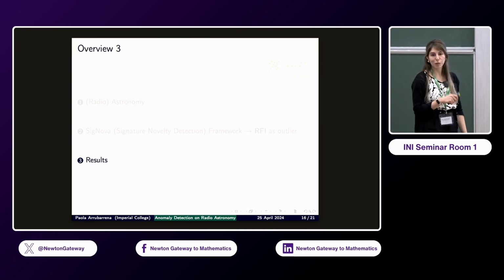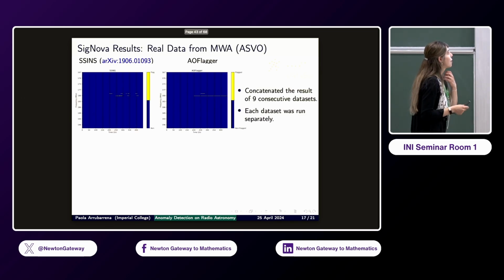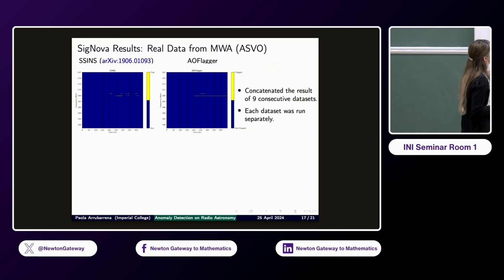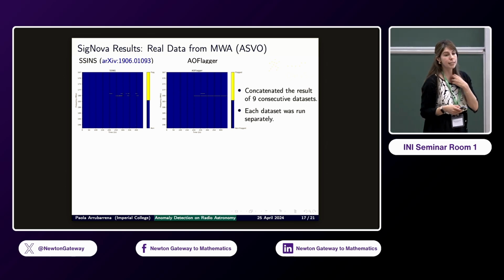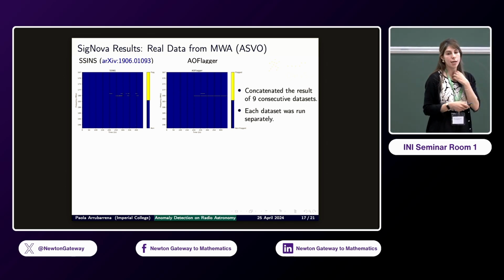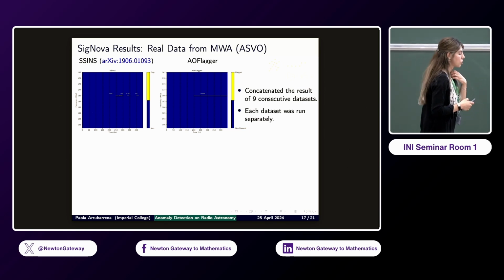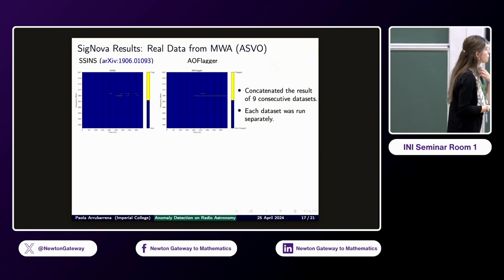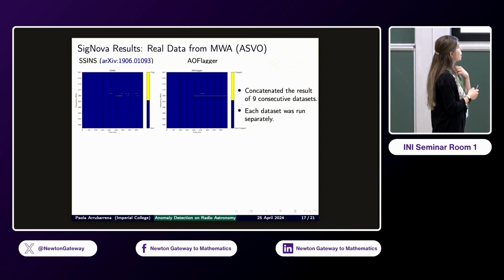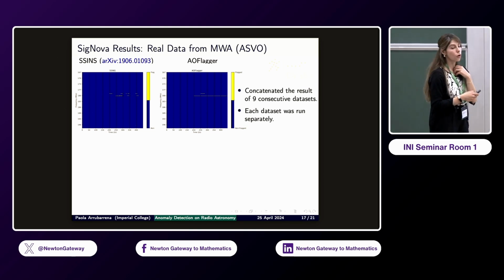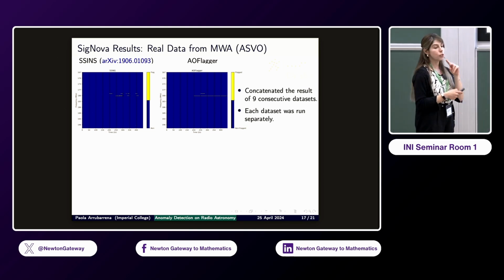So okay, this brings me already to show you some results. The first results that I'm going to show, and you already saw in the morning, are from real data taken from the MWA array in Australia. We chose this because SINS, which is another astronomical framework, in this paper reported that they saw RFI in 2 frequency channels.